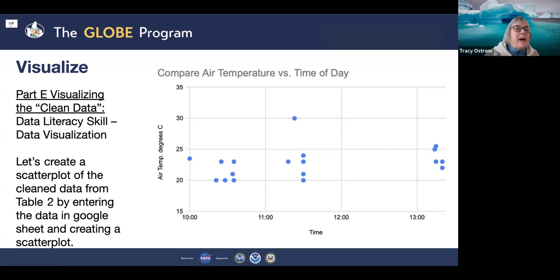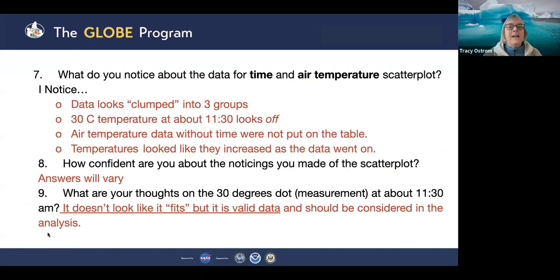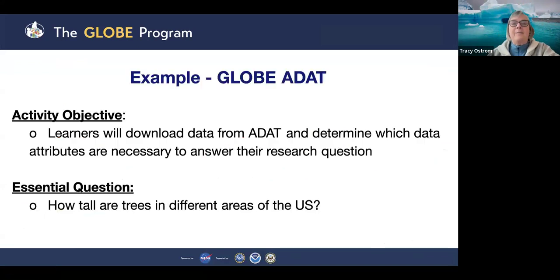So let's do slide 17 again. This takes us through this whole process of cleaning the data, analyzing, interrogating the data, and making some noticings about the data. And this is all primary collected data. Now we're going to move on to our second example, and that's the GLOBE ADAT system.